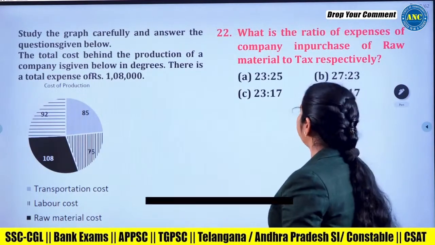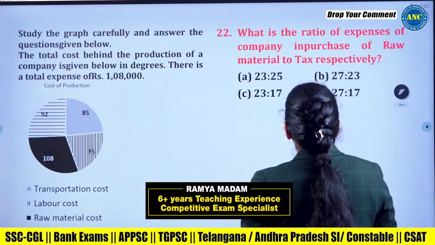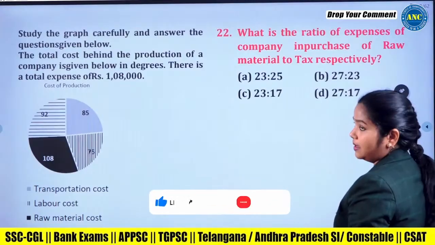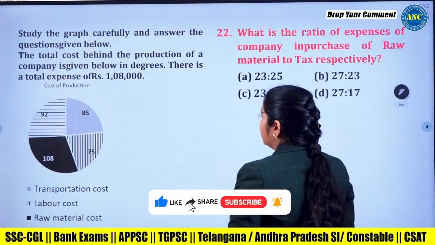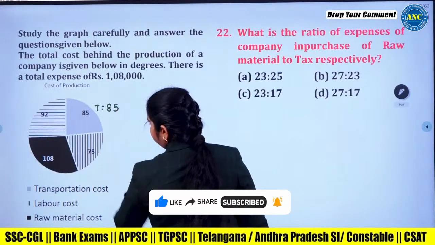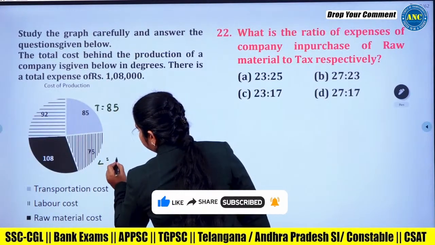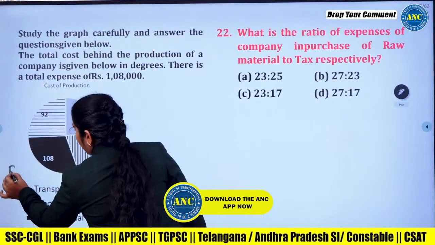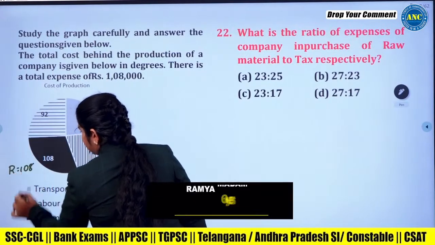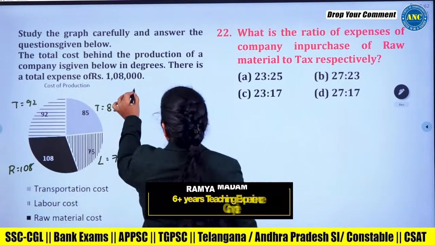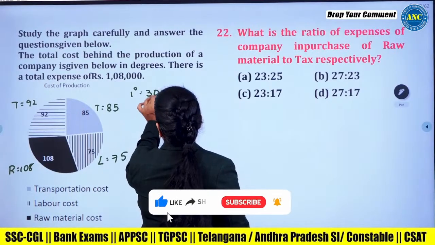Question number 22. What is the ratio of expenses of the company in purchase of raw material to tax respectively? Okay, I'll write down this again here. Transport 85, labor 75, raw material 108 and tax 92. 1 degree is 300 rupees.